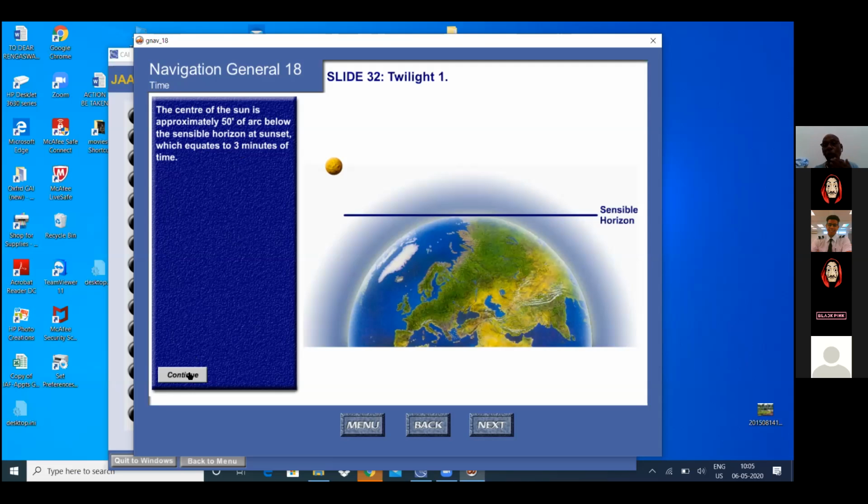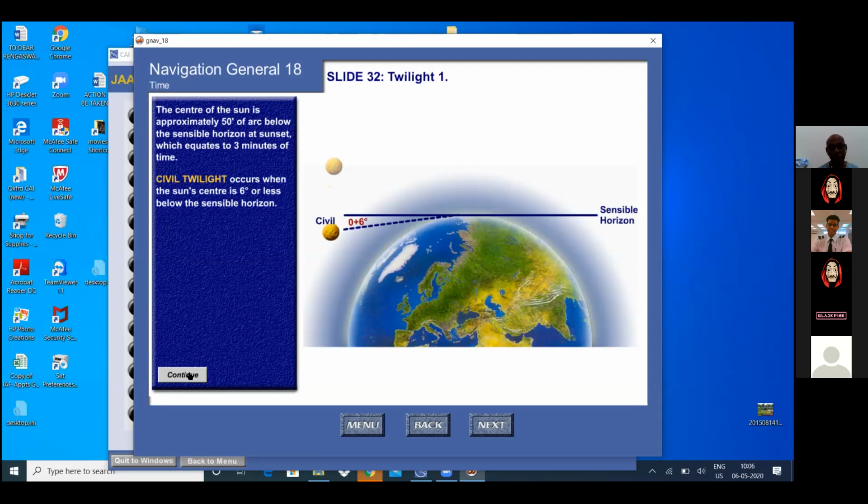So when we're talking about 12 hours from sunrise to sunset at the equator, it is actually 12 hours and 6 minutes.